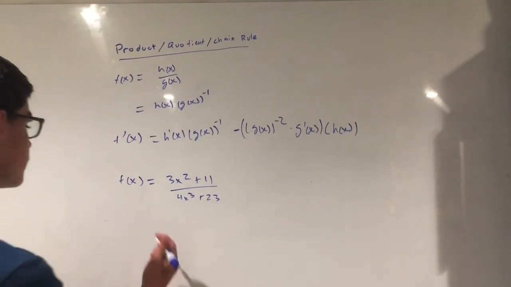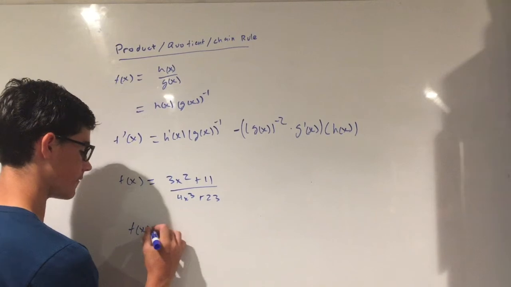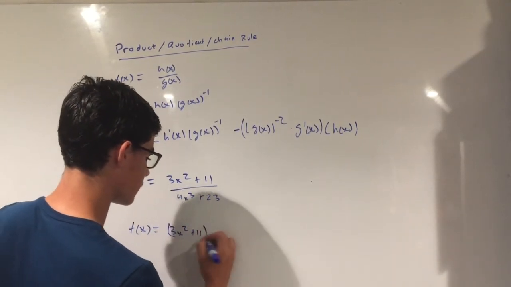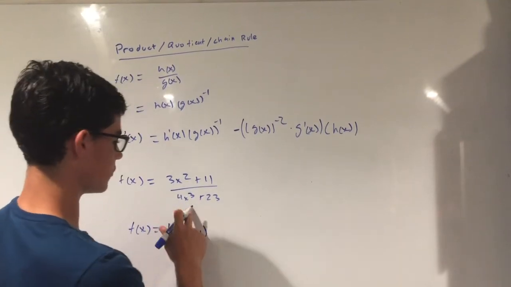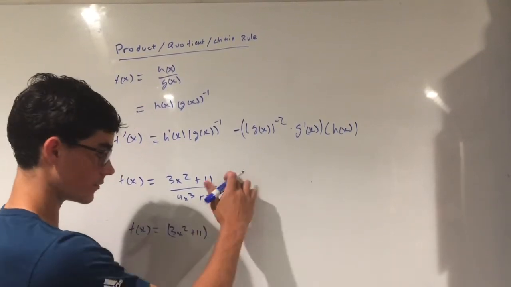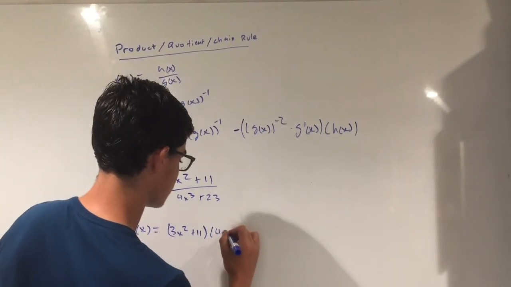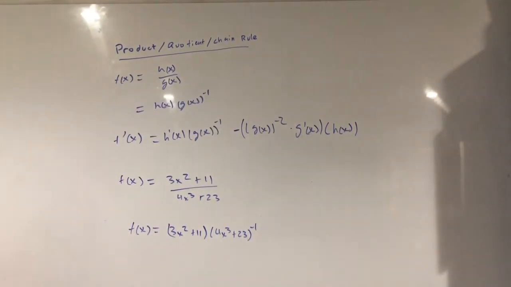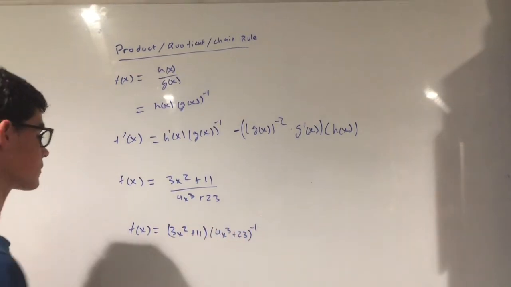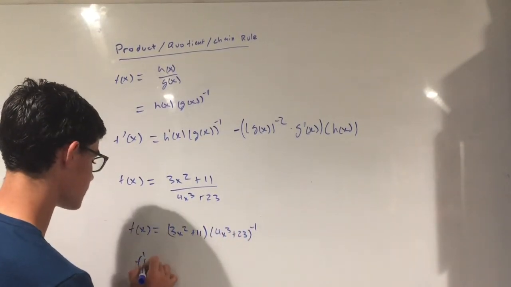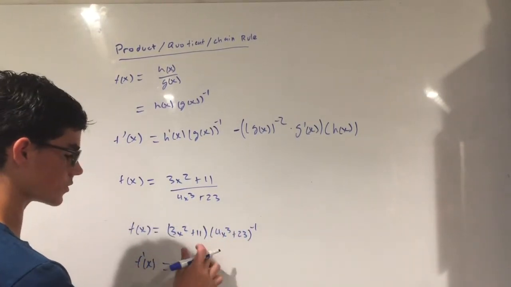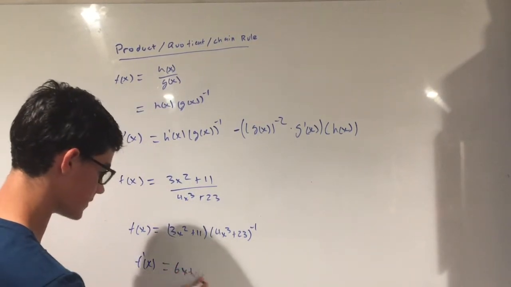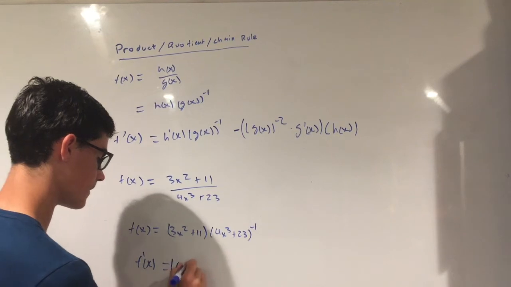When we write this, f of x is equal to 3x squared plus 11, and then we take this to the -1. From here we use a product rule and a chain rule. And so f prime of x will be equal to, we take this derivative, 6x plus 11. Oh, sorry, 6x, because the 11 goes to 0.